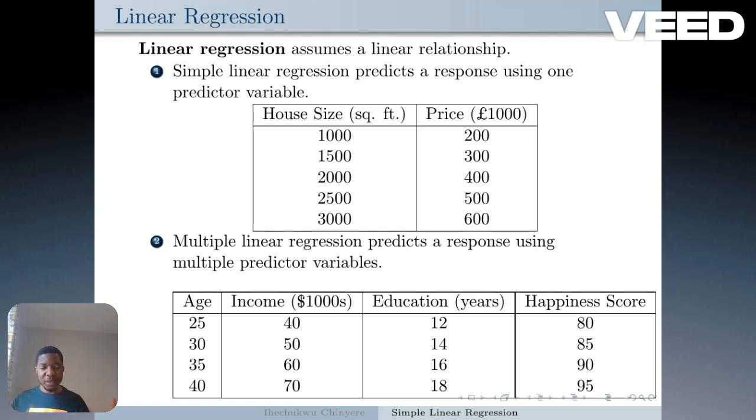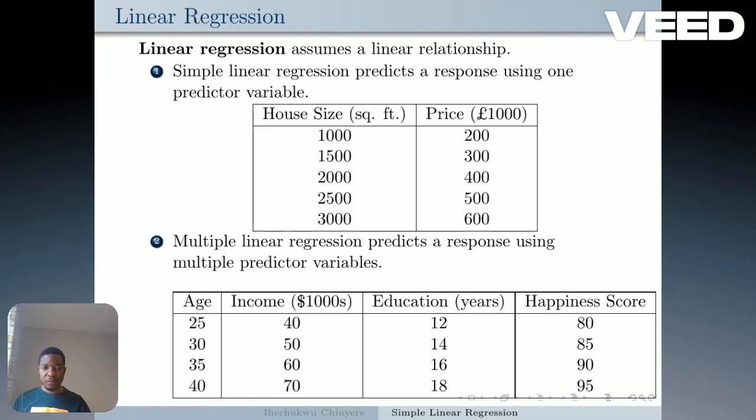If we have a linear relationship between the variables, then we can do a linear regression. There are two kinds of linear regression: one is the simple linear regression, and the other one is the multiple linear regression. The difference between them is that one uses only one predictor variable, while the other uses more than one.